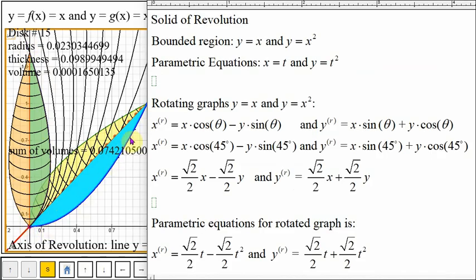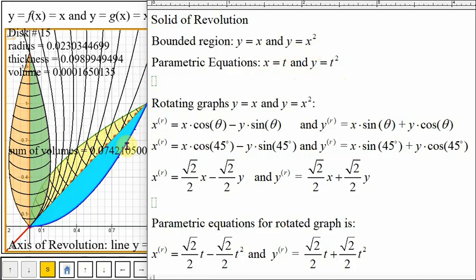For the original graph, the function is y equal to x squared. And so the corresponding parametric equations are x equal to t and y equal to t squared. And so these are the parametric equations for the function y equal to x squared.